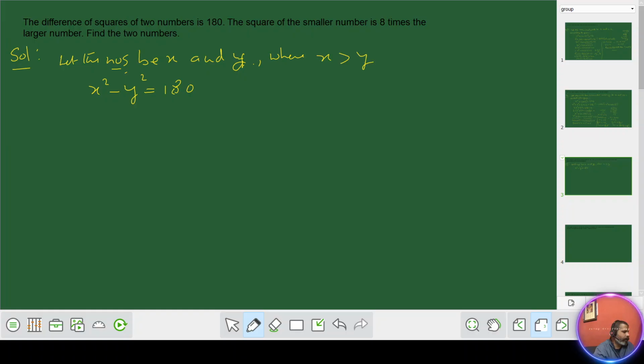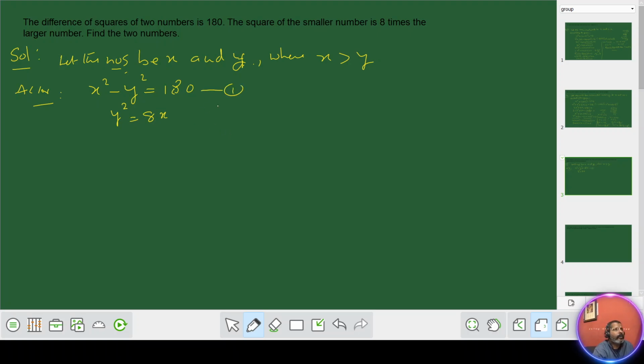So according to given, x square minus y square is 180, and square of smaller number is 8 times the larger number. Sorry, y is smaller, right? We assumed y is smaller, so square of smaller number y square is 8 times the larger number x.